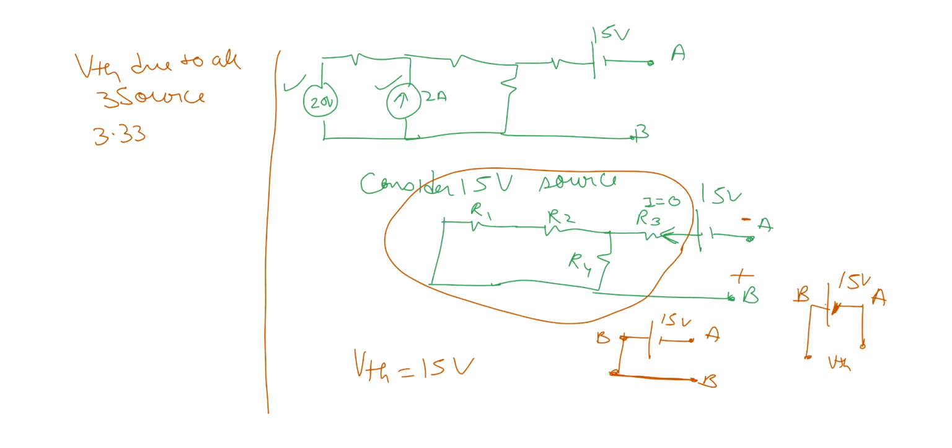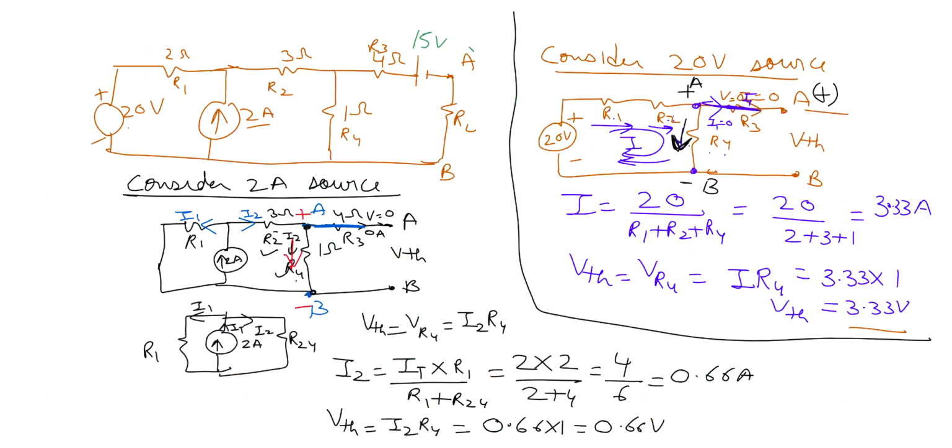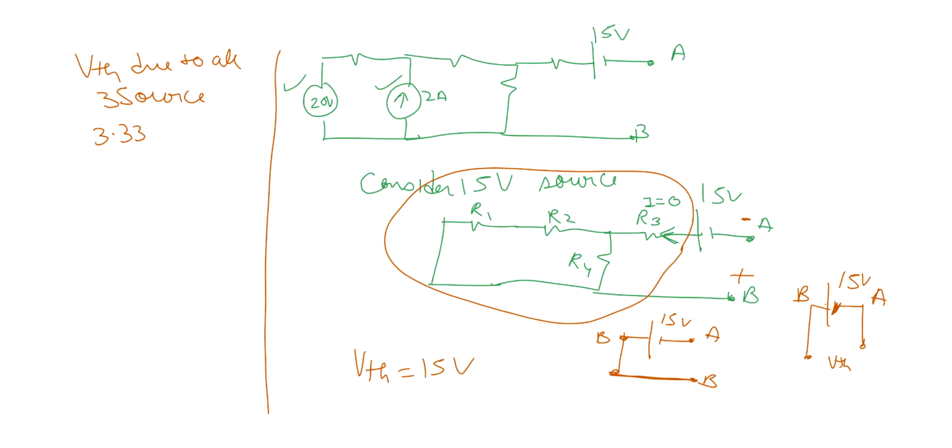Polarity for this voltage is again positive here, and the voltage here is 0.66. So I will put here plus 0.66. Now in this case, polarity for A is negative. So for the earlier ones, polarity for A was positive, but here polarity for A is negative. So I will put here negative 15.